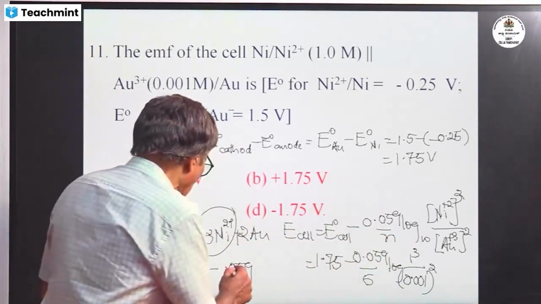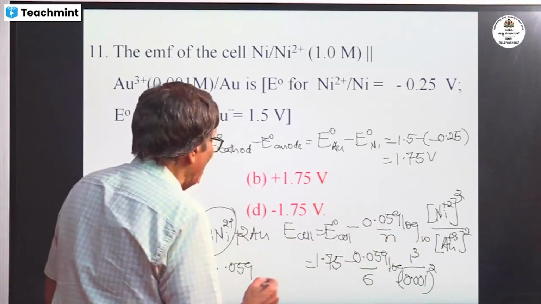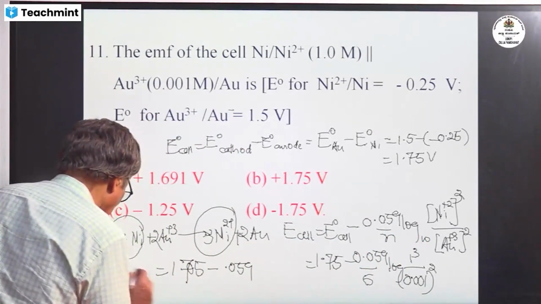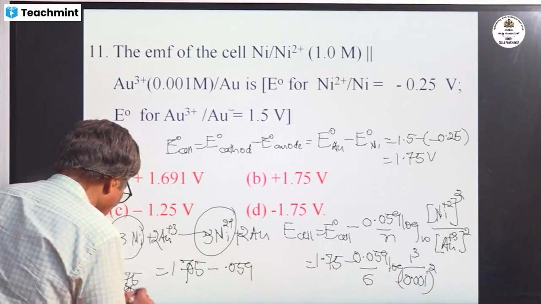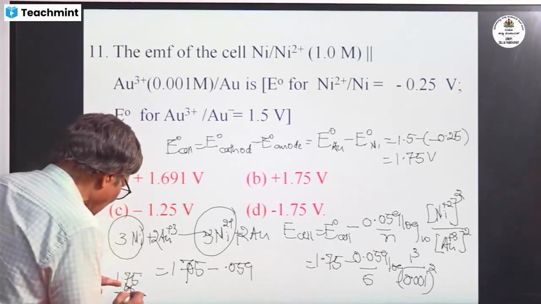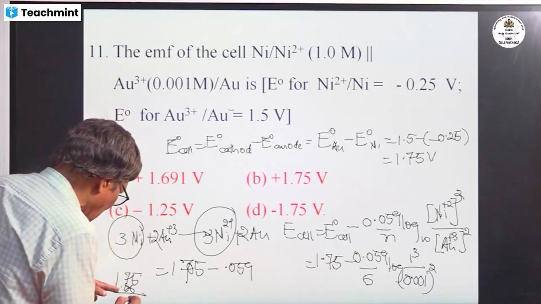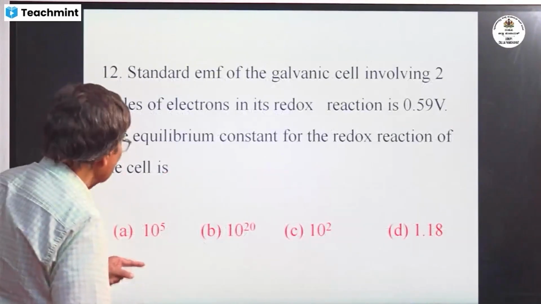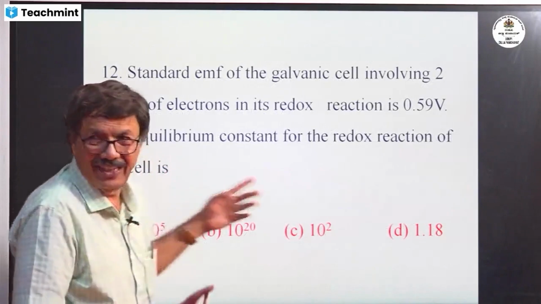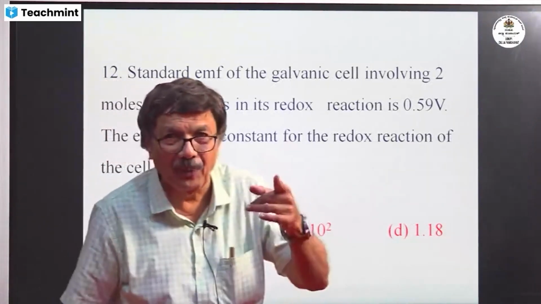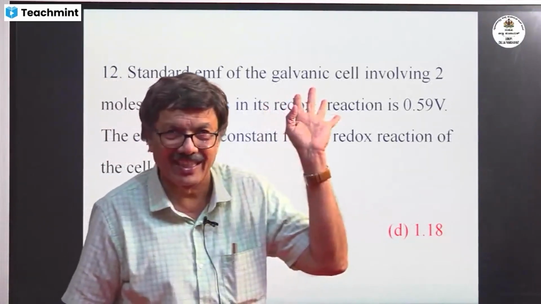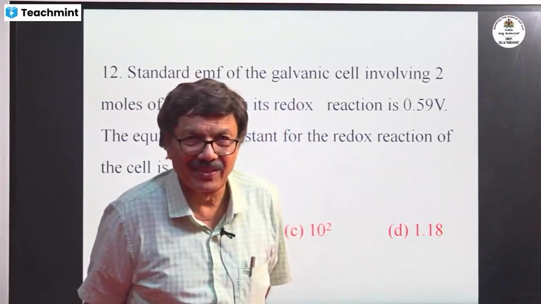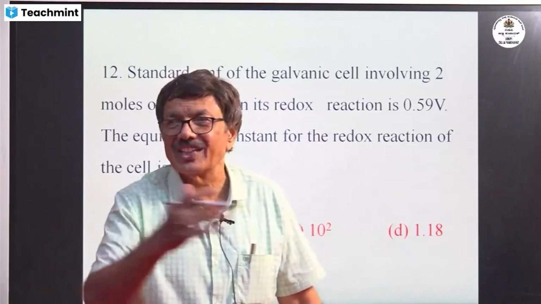Take it as 0.06. 1.75 minus 0.06, that is 1.69. So what is the answer? 1.69. So 1.69 was the answer. Correct? Yes. We will move on to the next question.